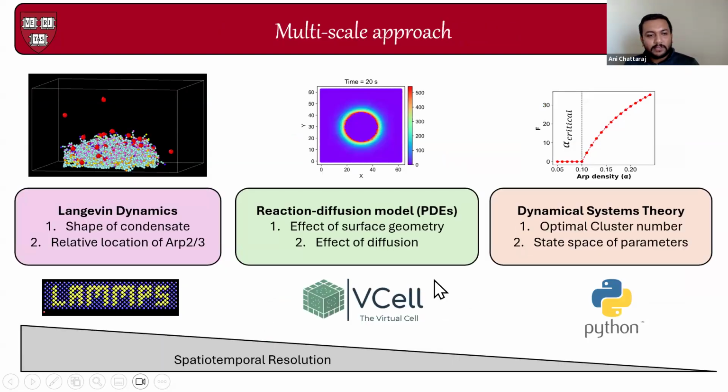In order to answer this question, I'm using a multi-scale approach. In the middle, we have this virtual cell model, on the left-hand side we have a bead-spring type of simulation using Langevin dynamics, and on the right-hand side we have a much more coarse-grained version of the system.